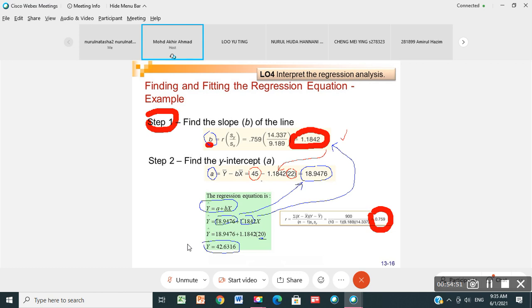That means in case we do 20 calls, we will have the sales about 42.63. That is how the equation model tells us in case we do 20 calls.